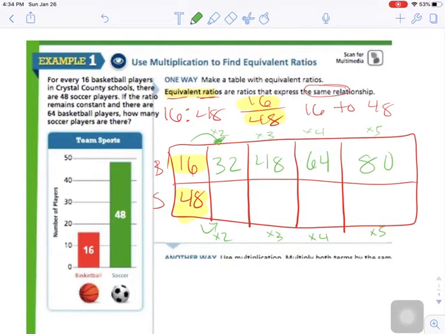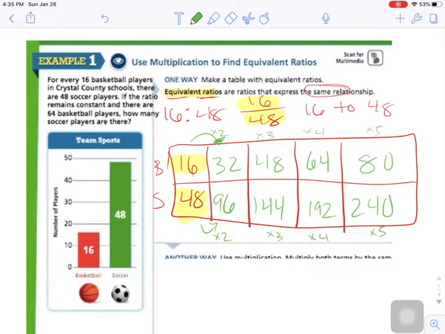So in this case, I'm still multiplying by the same numbers. 48 times 2 is 96. 48 times 3 is 144. 48 times 4 is 192. And 48 times 5 is 240.